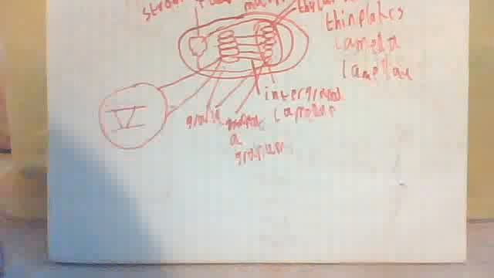So this almost triangular shaped object is known as a photosystem.